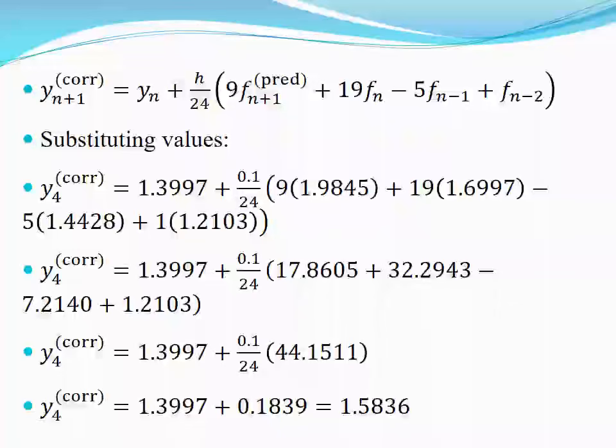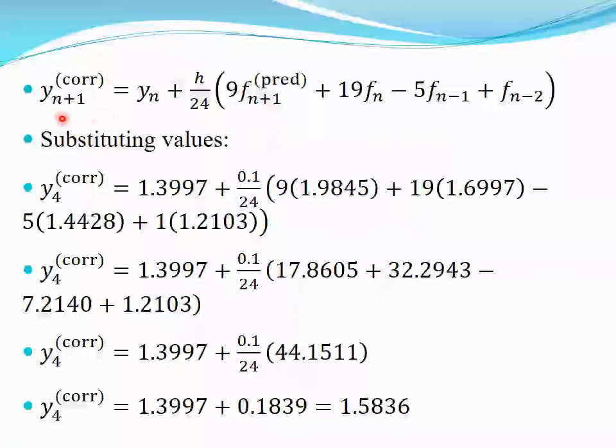Now you can see here yn plus 1 is the corrector formula which is already defined. In these values, if n equals 3, then we get y4. This is the corrector formula.